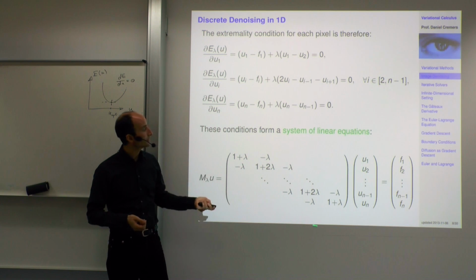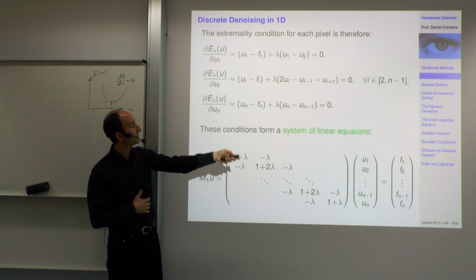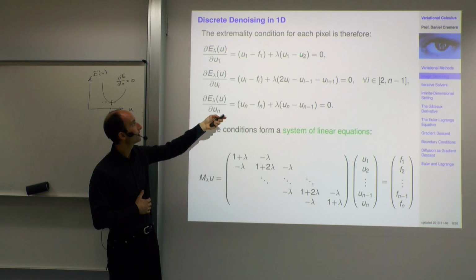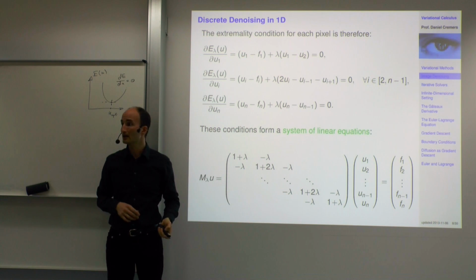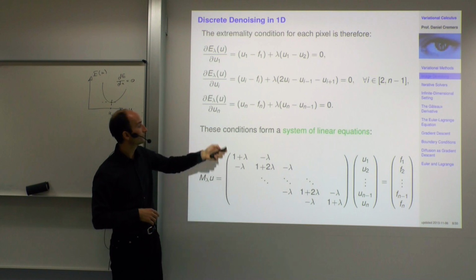And that equation system looks like that. To get from here to here, you just put all the terms that depend on u on the left-hand side of your equation, and the constants, the fi's, on the right-hand side.